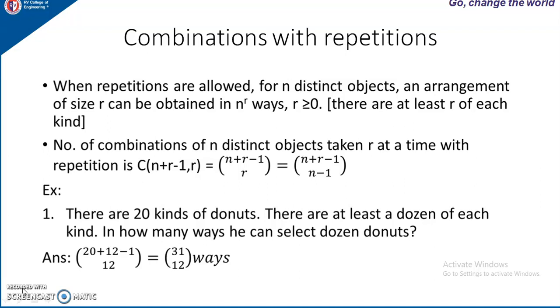Here n is equal to 20, which is the number of distinct kinds of donuts, and r is equal to a dozen, which is 12. Therefore 20 plus 12 minus 1 choose 12, which is equal to 31 choose 12 ways.